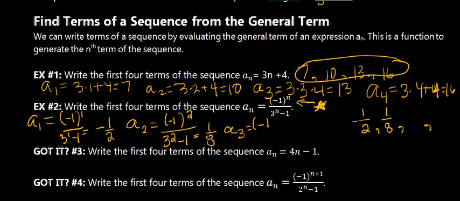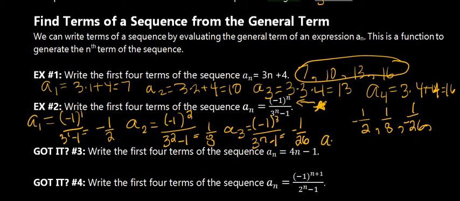Let's go ahead and evaluate a sub 3, plugging in a 3 wherever I have an n. And doing the math, I have -1/26. Okay, you can see the denominator is getting bigger and bigger due to the 3 to the n.